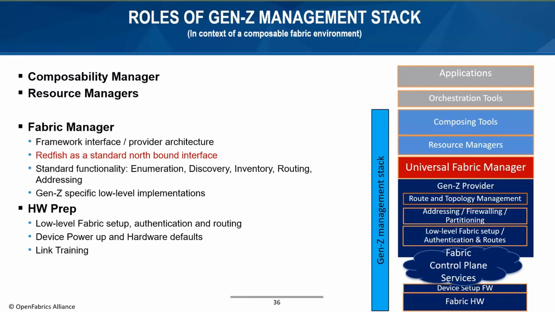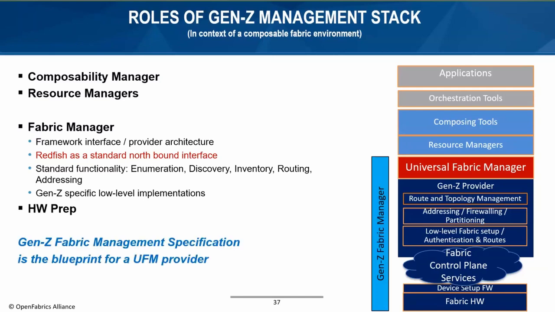So again, that should sound familiar. So just by comparing this description of the Gen Z Fabric Manager, we came to the conclusion that the Gen Z Fabric Management specification defines the requirements and policies that need to be implemented by the Gen Z Fabric Manager, and they're the same as what we defined for the Universal Fabric Manager framework and the Fabric Provider plugin. Next slide, please.